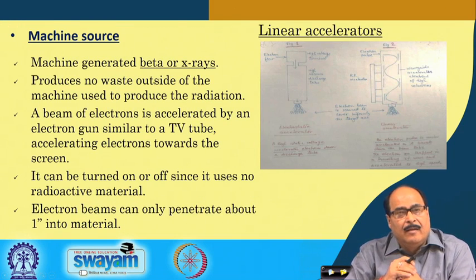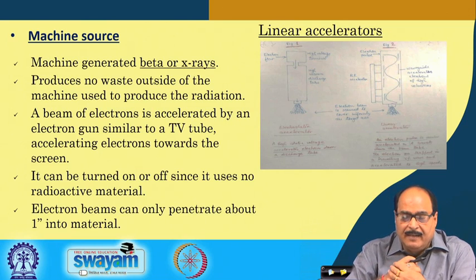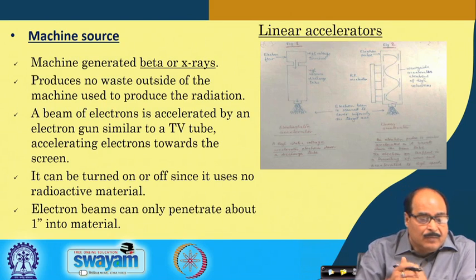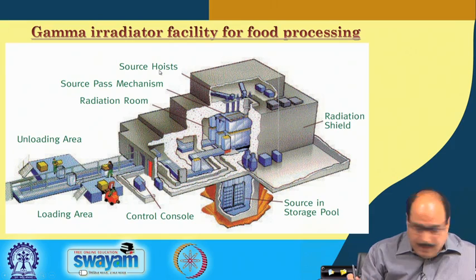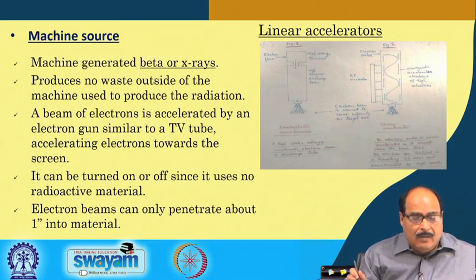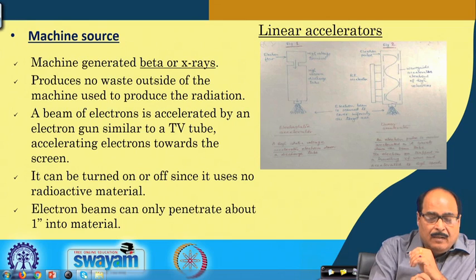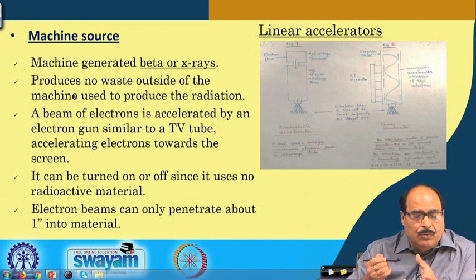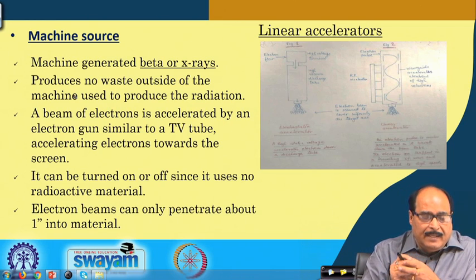The other are machine sources; several types of linear accelerators have been produced. They can generate electrons, that is beta rays, or X rays. These are machine sources that produce no waste outside the machine used to produce these radiations.